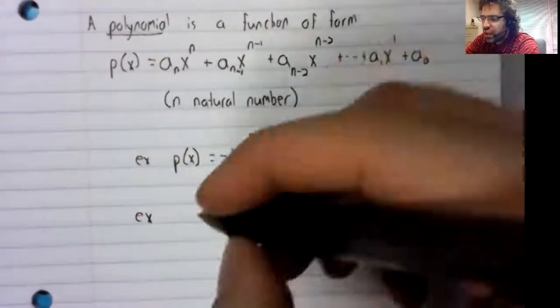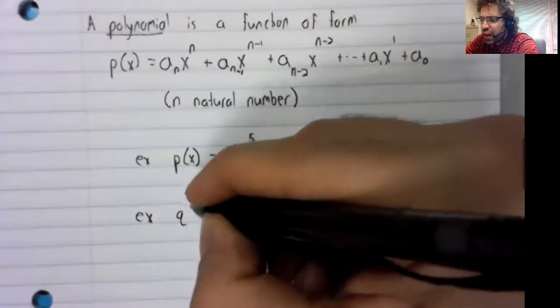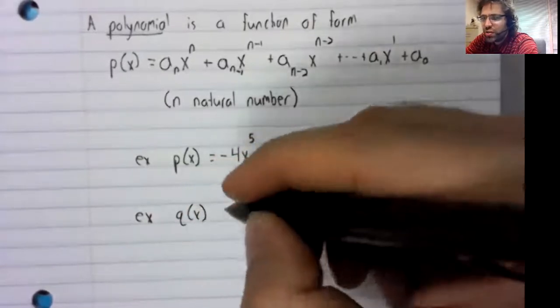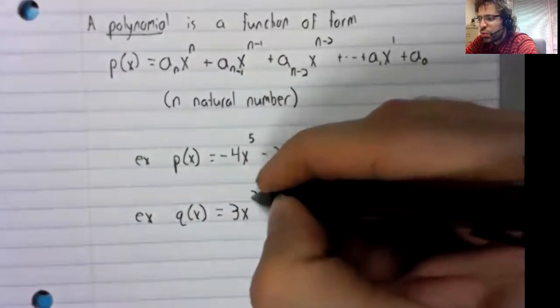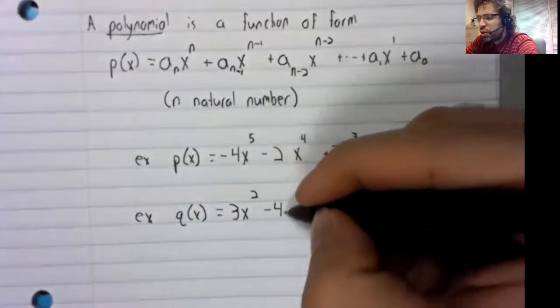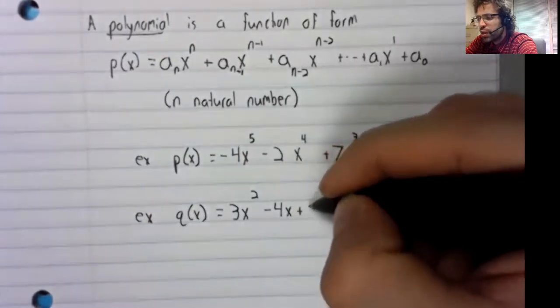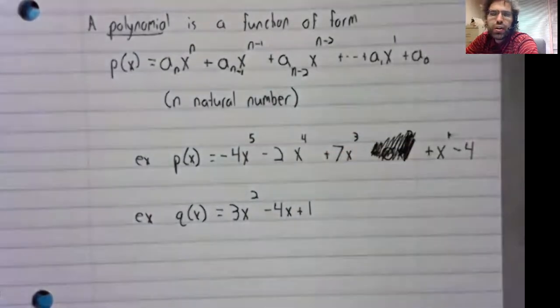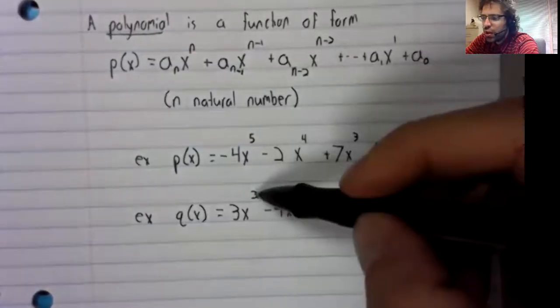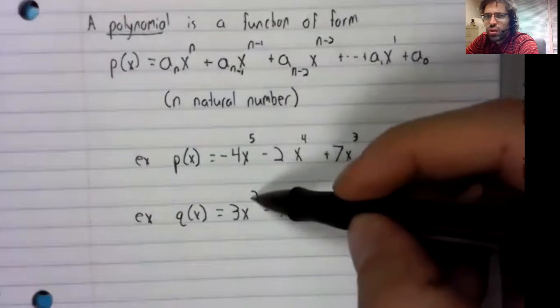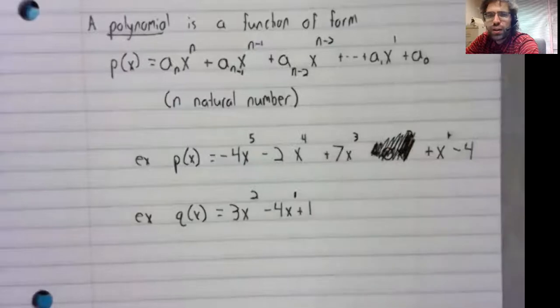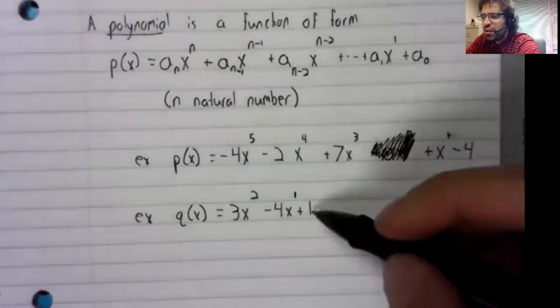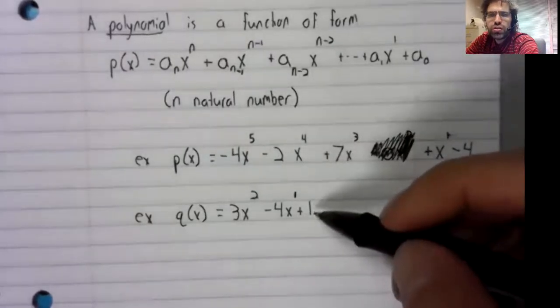So another example, we've actually spent quite some time working with a special type of polynomial, quadratic functions are polynomials. We start with this natural number 2, we count down to 1, and then we have our constant.